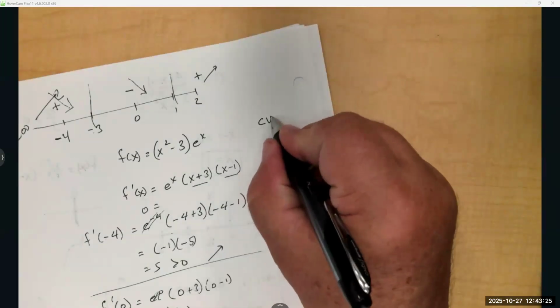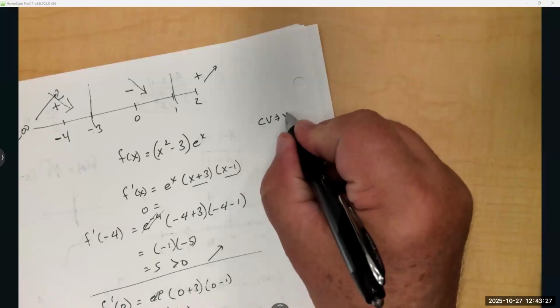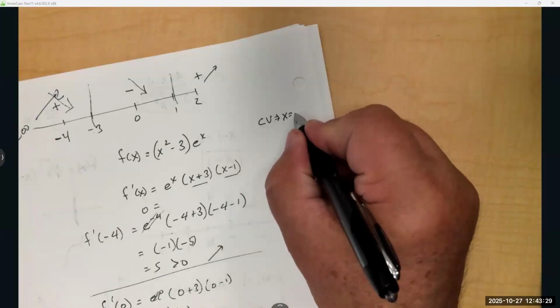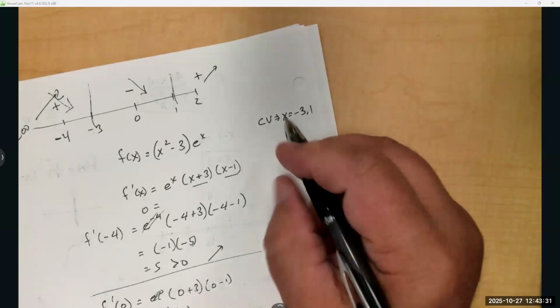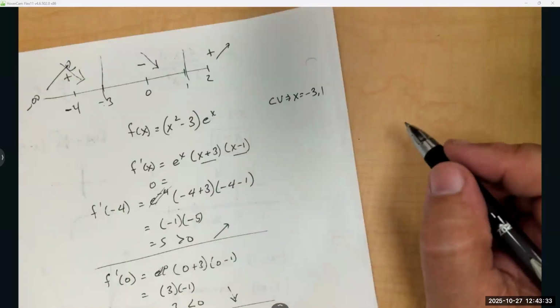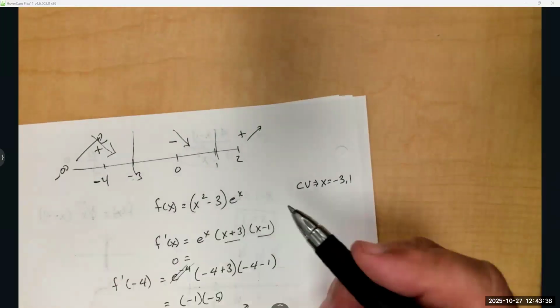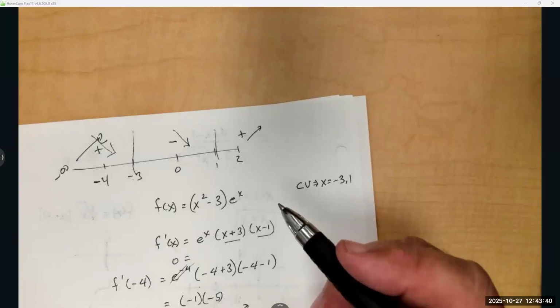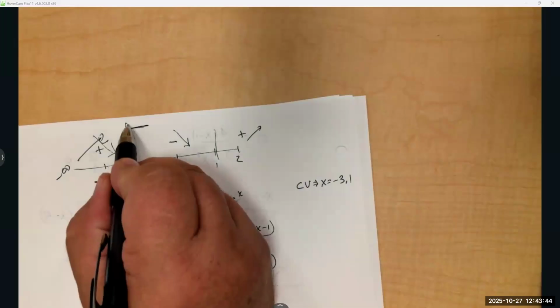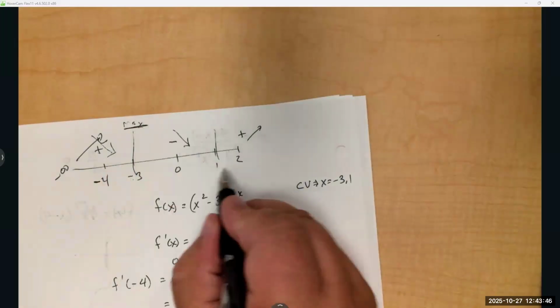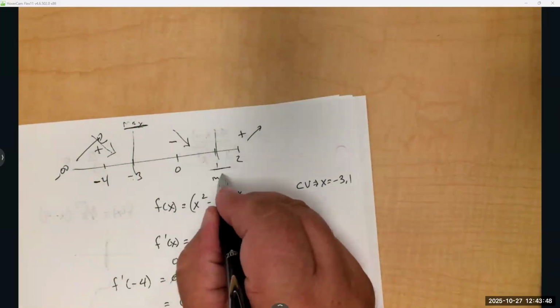The critical values are at x equals -3 and +1. At -3, is it going to be a maxima or a minima? It's going to be a maxima, and at 1, it's going to be a minimum.